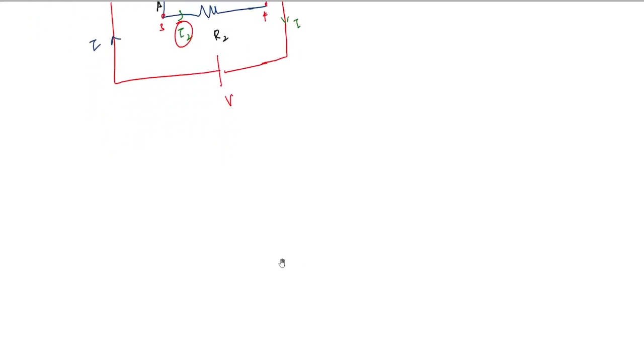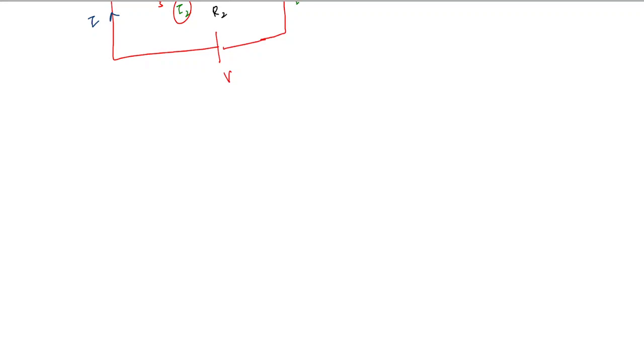A third kind is called mixed combination, where we take a case of the mixed arrangement where we have, say, a few resistors in series like this, and we have different branches like this.